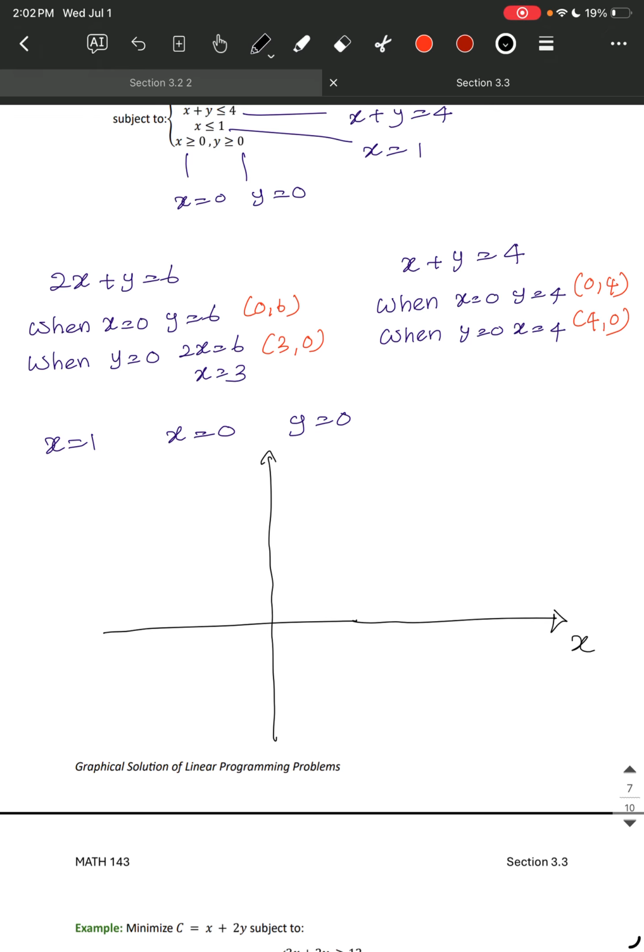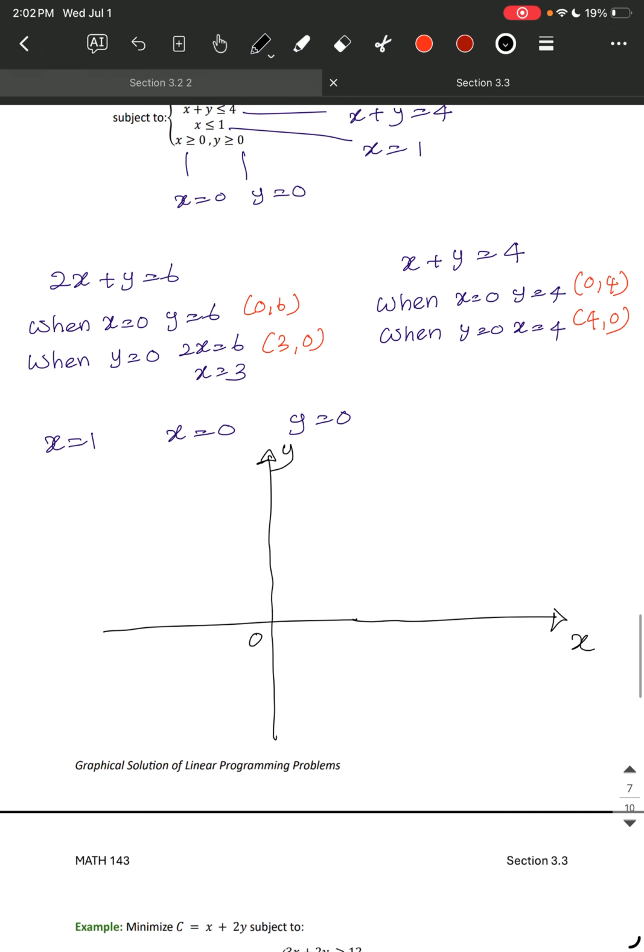X, y, 0. 1, 2, 3, 4, 5, 6. Negative 1, negative 2. Okay, first one, 2x plus y equals 6 passes through (0, 6) and (3, 0).